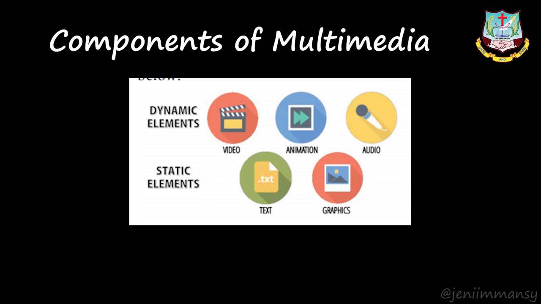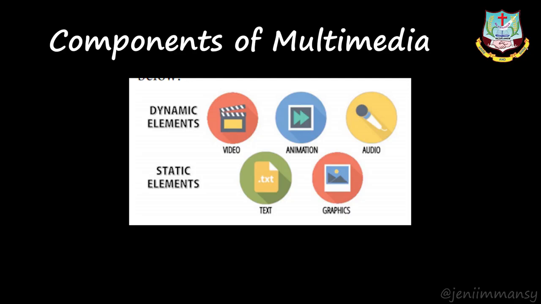These will be assets. If you are seeing a word called image, you know it is an image. Like that you will be able to understand it. It won't be moving. It is a static one. So text and graphics are static elements, and video, animation, and audio are dynamic elements.